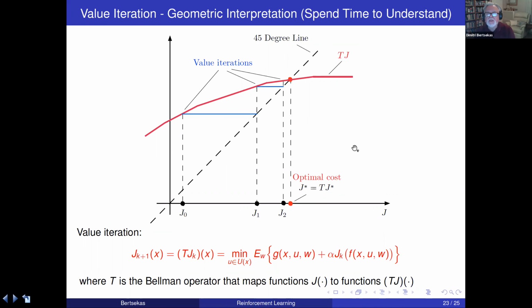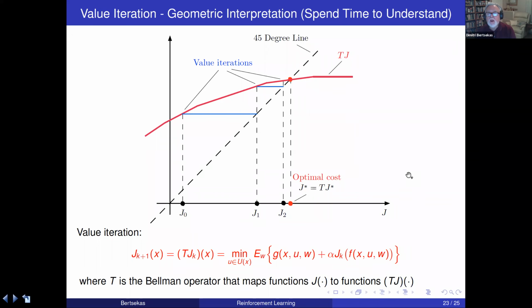Basically, it's the same calculation as this figure, except for the fact that T sub J involves an x squared, a quadratic. So instead of operating on functions, we operated on coefficients of quadratics in the linear quadratic example. Okay, so that's the geometric interpretation of value iteration.